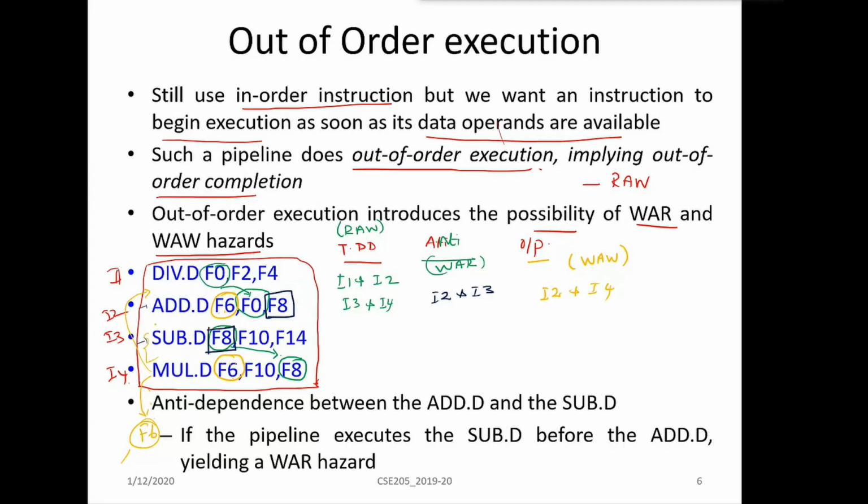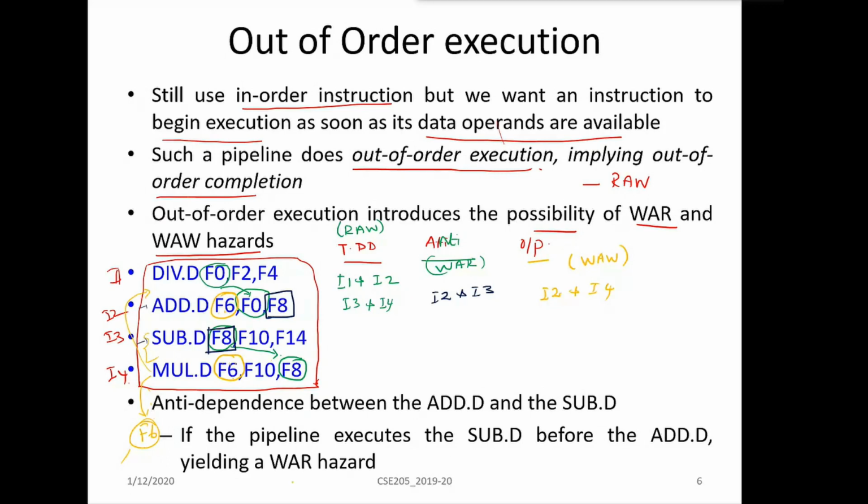Suppose we can execute this instruction before these two instructions, but here we have this anti-dependence and output dependence. So it may result in WAR and WAW hazards. When you go for out of order execution, it clearly introduces the possibility of WAR and WAW hazards, so we need a procedure to eliminate these.